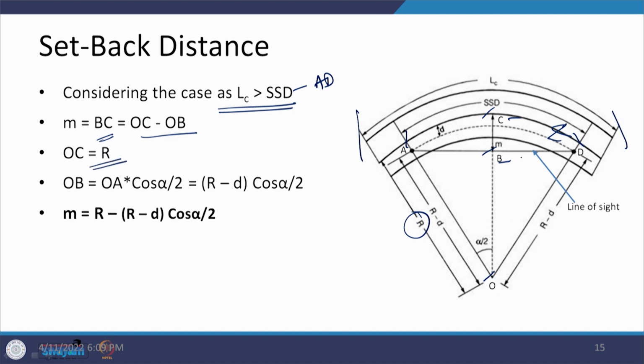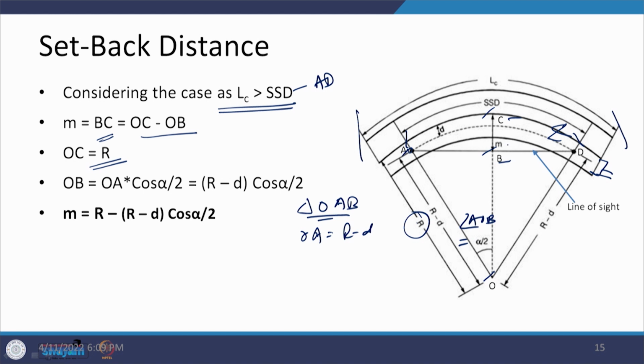When you are looking at the movement in the inner lane and with respect to the center line, we are talking about this point A up to which we are going to move. So, considering the triangle OAB, OA is R minus d, and this angle AOB is equal to alpha by 2.